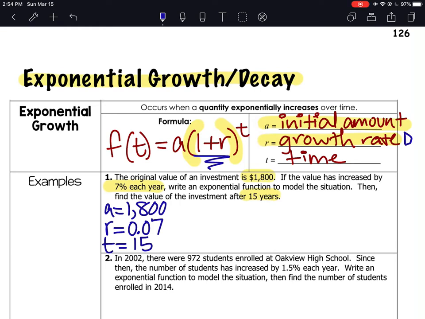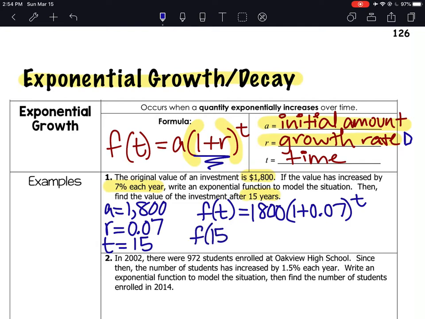So let's plug it in and figure it out. First, to make the function, we do not plug in time. They just want to know, what would you build? I would build f of t is equal to 1,800 times the quantity of 1 plus 0.07 to the t power. However, we know what we're plugging in for t. We are plugging 15 years, which means I'm going to plug it in for the t up here as well.